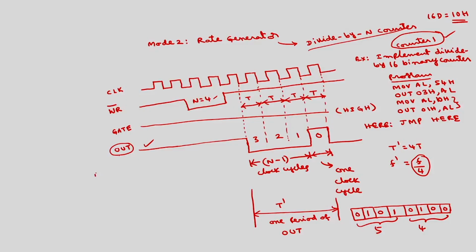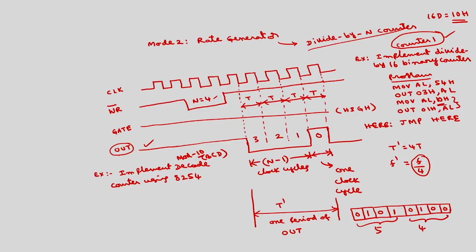And I will give a second example where I want to use it as a BCD counter. Implement a decade counter using 8254. Decade is nothing but a mod 10 BCD counter. So here we have to give directly a 10 value, not a hexadecimal value like before, because this is BCD count.